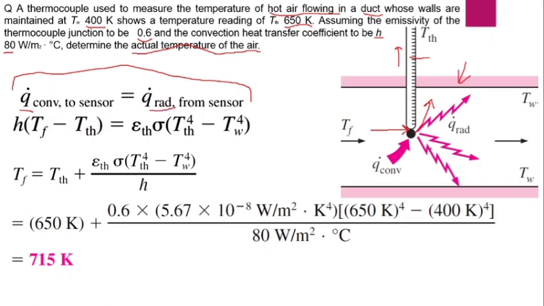Because of the outside air, this thermocouple is going to get some heat, right? And that largely happens because of convection, because we are talking about a fluid, right? And then this thermocouple will get heated, and because of the increase in heat, it is going to lose some energy to the pipe, right? And that is because of the radiation between this thermocouple and the pipe.